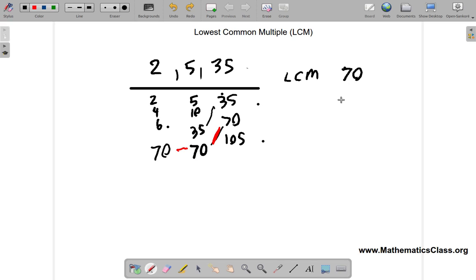So that's the lowest common multiple, right? The lowest common multiple of 2, 5, and 35. Now, of course, we're going to look at HCF, highest common factor, at a later date. So we'll take a break at this time.